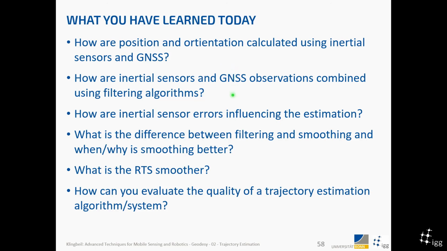We talked about how inertial sensor errors influence the estimation: how fast do they grow, and where do these errors come from? And we said how smoothing can help to get rid of those errors, particularly the errors which come from inertial sensor strapdown integration.